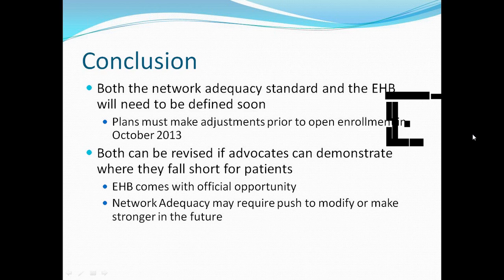One of the things I've heard in conversations with CCIIO is that they are not requiring, and this was in the regulation, plans to contract with essential community providers for all of the services they offer. They're encouraging them to, but they're not requiring them to.